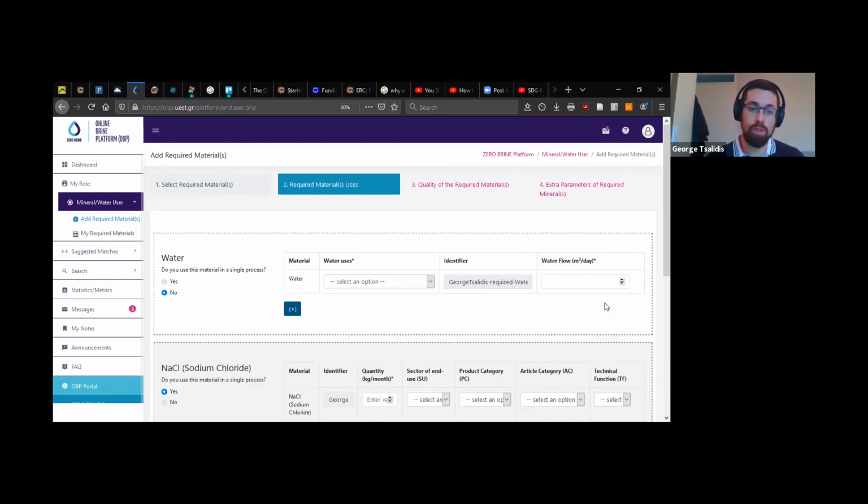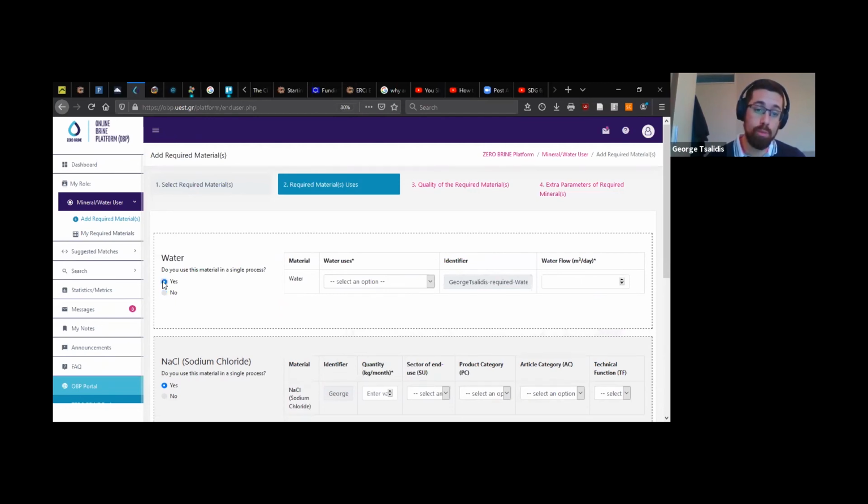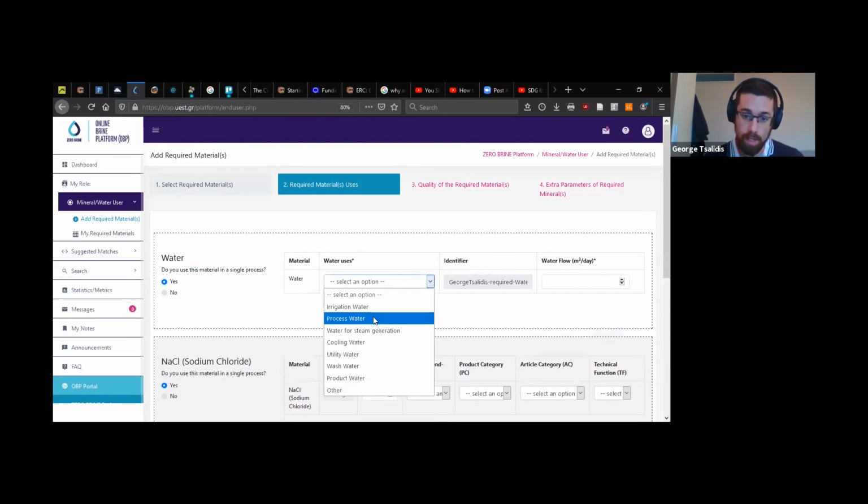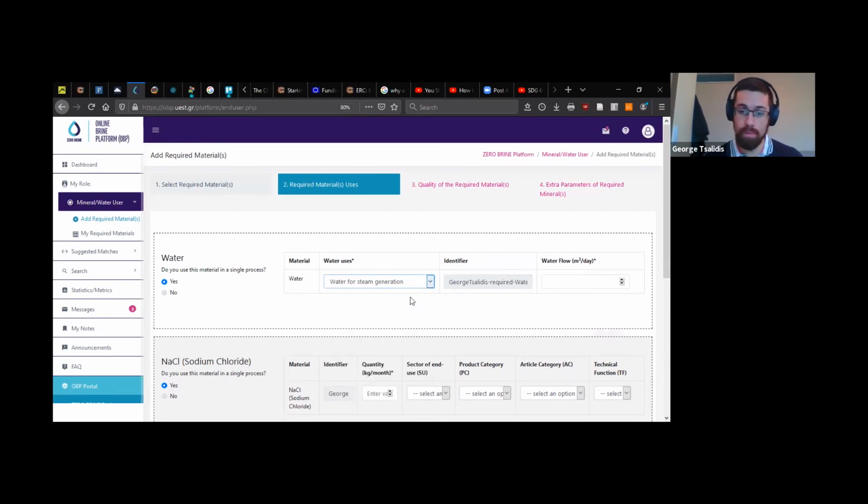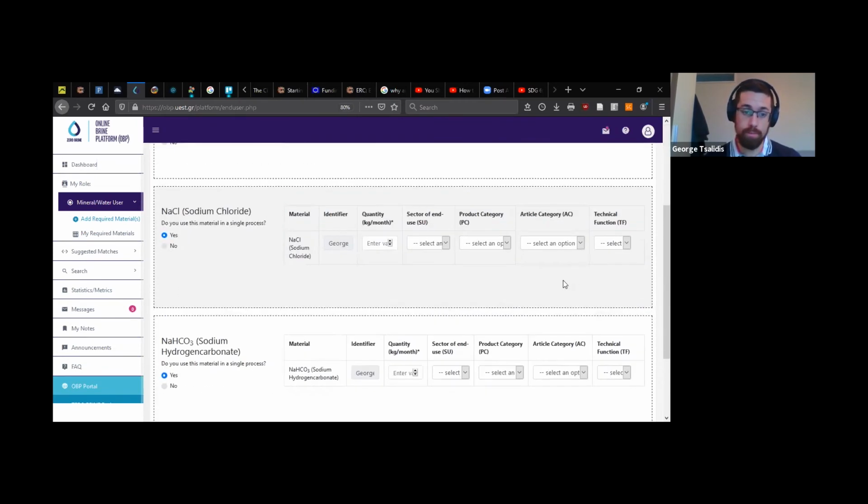For the sake of discussion, let's say that I have one process that is consuming these products. So let's say this is going to be used as water for steam generation. And then the identifier is water number 4. And then the flow every day is 10 cubic meters.